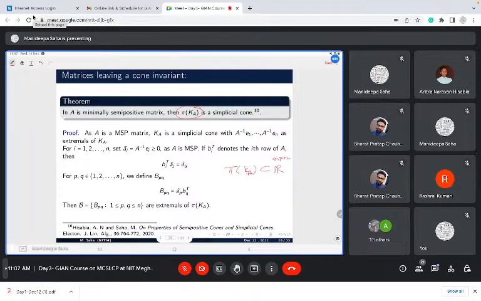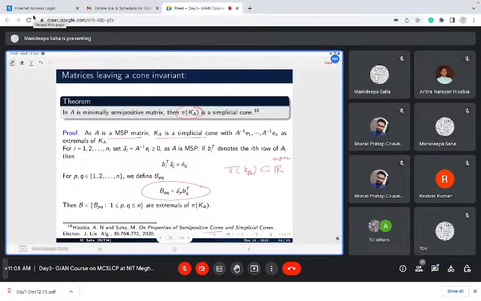If you are curious, they are defined as follows. I think I skipped that one and forgot to include it here. It has been proved in the same paper that if A is a minimally semi-positive matrix, then K_A is also a simplicial cone, and its extremals are nothing but the columns of A inverse.